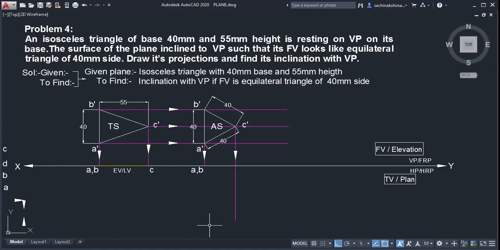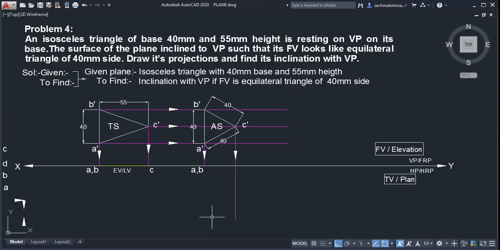Take the compass equal to line view or edge view and mark that distance here. So how much is it? 55. Do you understand? Take the distance of line view in the compass. Put one end of that compass on point AB, and mark this distance. You will get point C. Any problem?